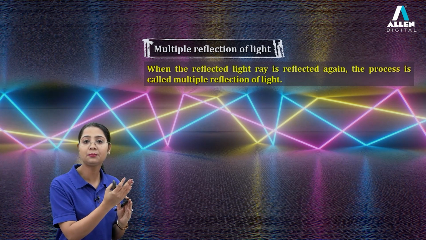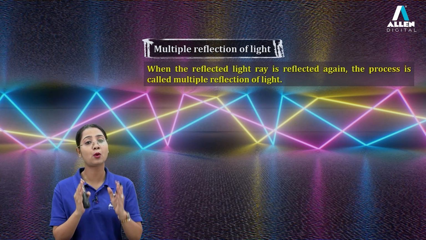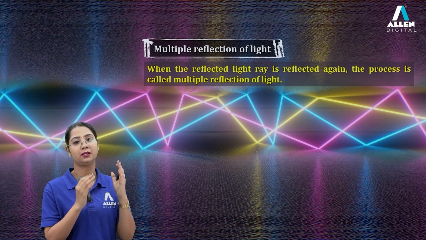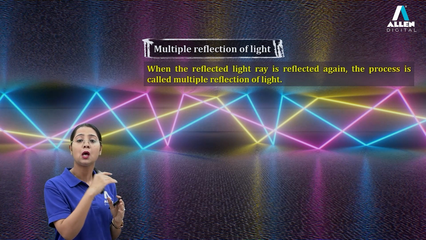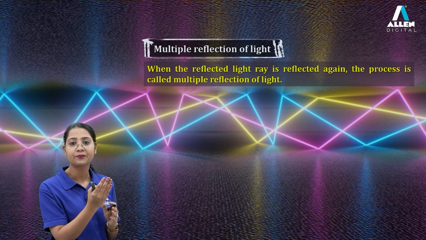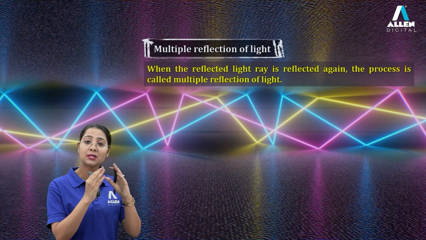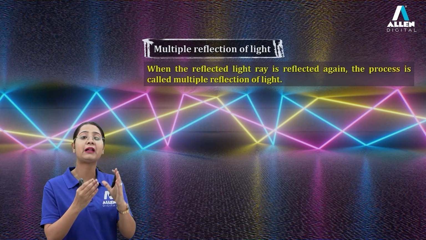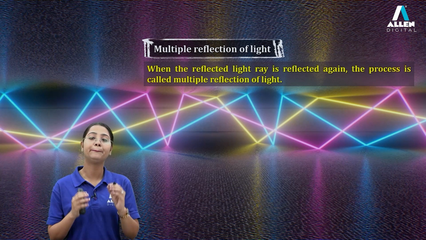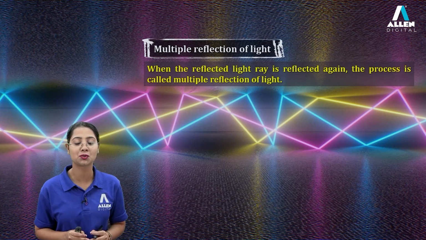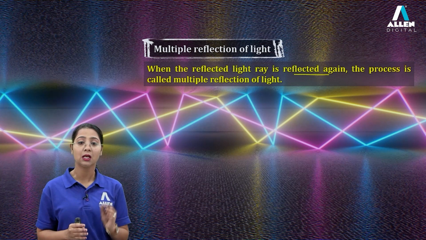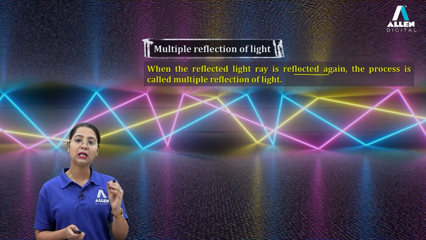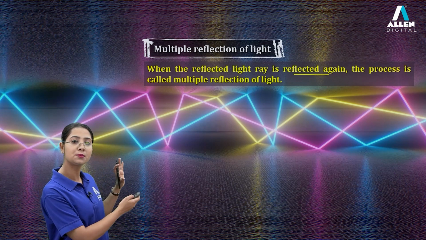So for the second mirror, the reflected light ray from the first mirror will become the incident ray. And again, it will reflect from the second mirror. That means the reflected light ray is getting reflected again. That is called multiple reflection of light, students. When the reflected light ray is reflected again, this process is called multiple reflection of light. Just observe here.